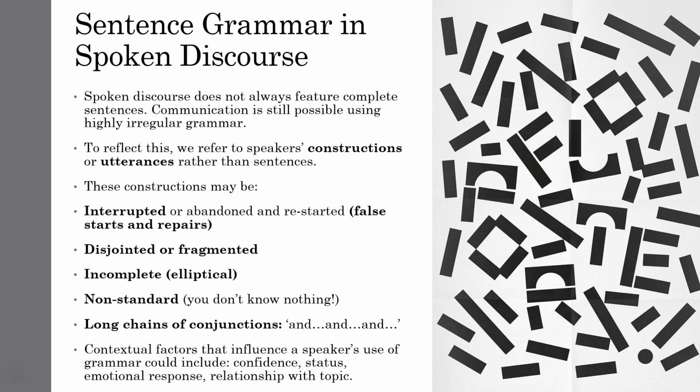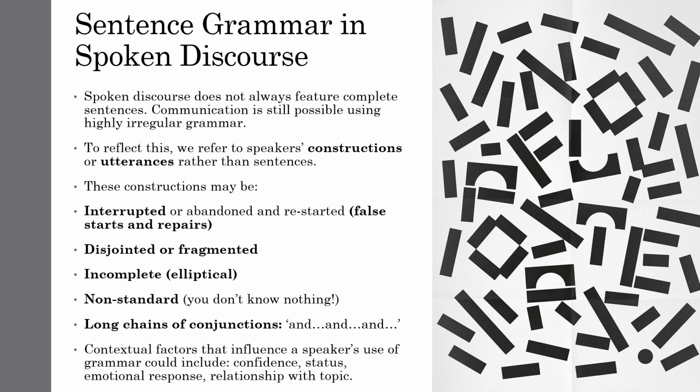A false start is where a sentence or a phrase has been begun one way and then the speaker stops and begins it another way. A repair is where a speaker goes back and corrects a mistake that they have made. These are ubiquitous features of grammar in spontaneous spoken discourse.